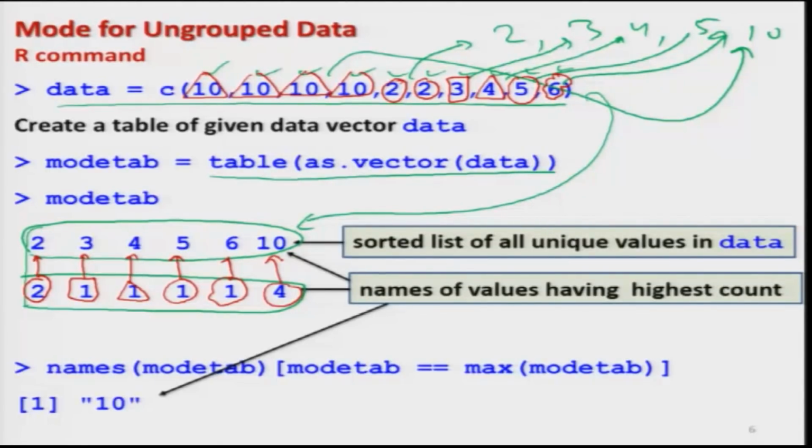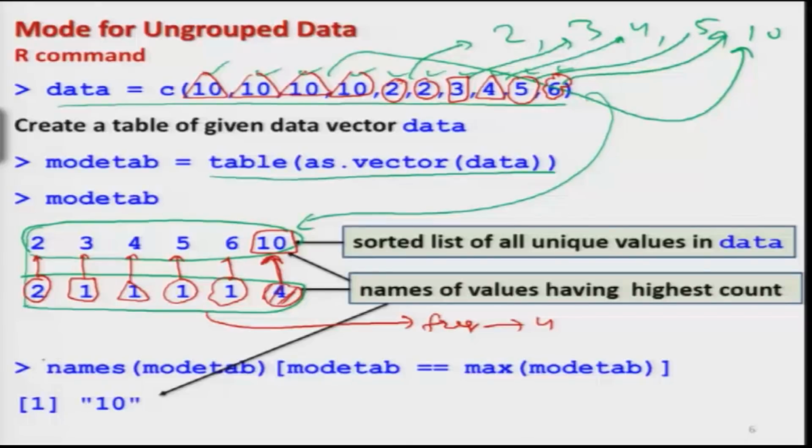So in order to find out the mode, I simply have to extract the values from this frequency first. The maximum frequency is 4 here, and then in the second step I have to find the value corresponding to this maximum frequency, which is 10.